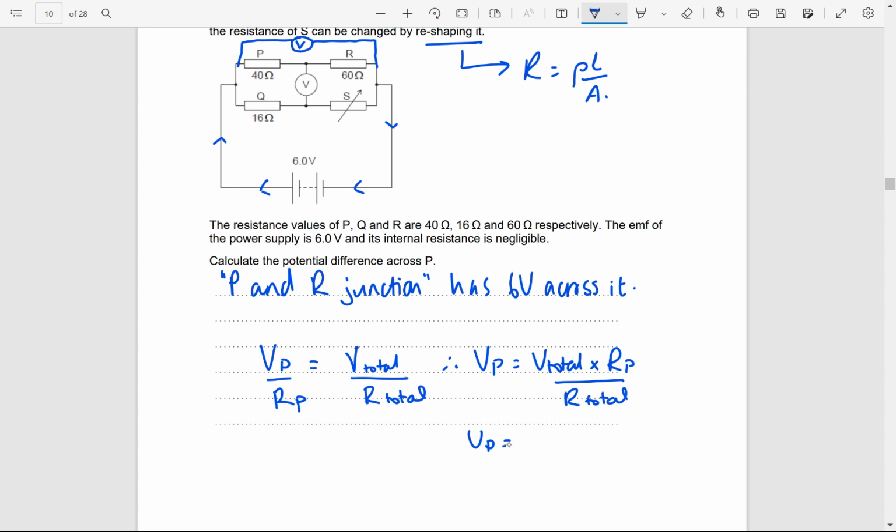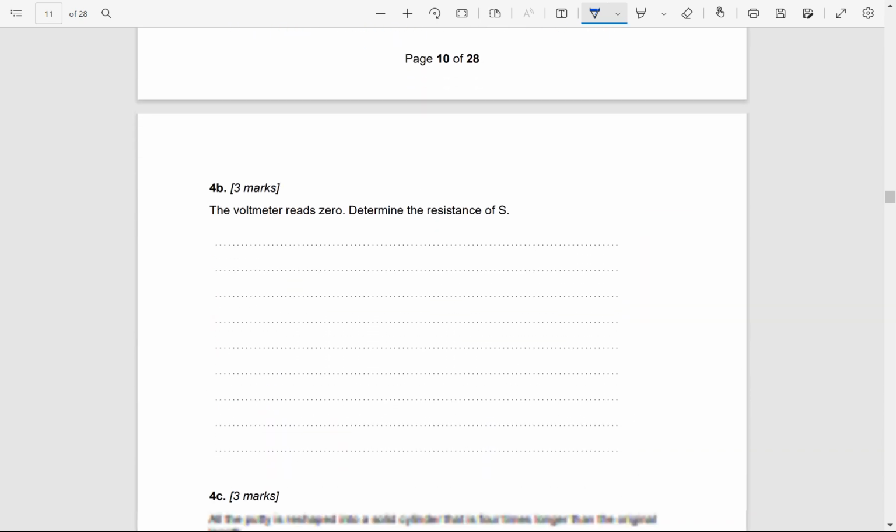So VP equals the total voltage across the P and R section, which is 6, multiplied by the resistance of P, which is 40, divided by the total resistance across the 6 volts. They're in series, so we just add them. So it's 100, and that equals 2.4 volts. So the voltage across P in that situation is 2.4.